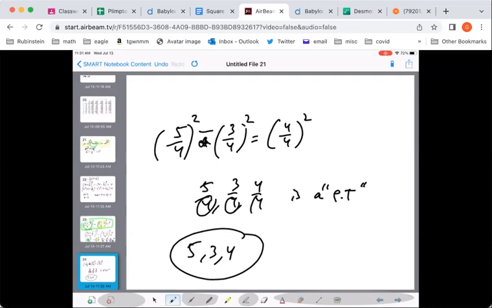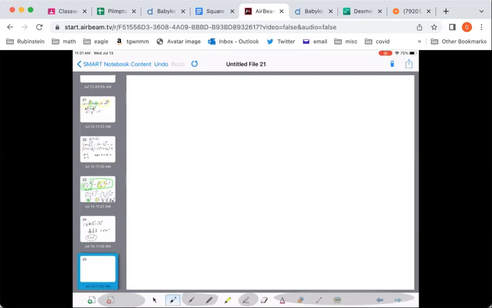Now, good news for you. I'm going to turn this into just a really quick algorithm that will take only 30 seconds to generate a Pythagorean triple. So here we go. New page. Formula. x equals anything you want. I'm going to say any fraction greater than 1.